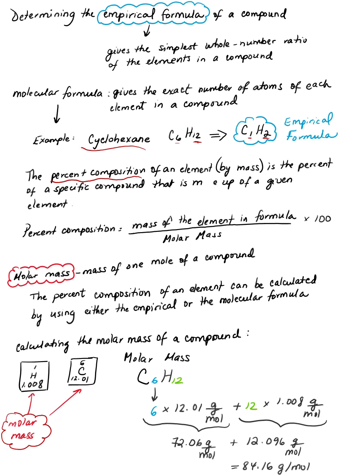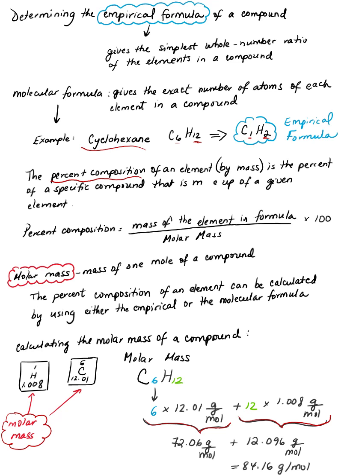So your formula for cyclohexane is C6H12. The molar mass is actually the sum of all the molar masses of every single element that you have in a compound. So for cyclohexane, we have 6 carbons, 12 hydrogens. And you have down here the math to find the molar mass for cyclohexane.